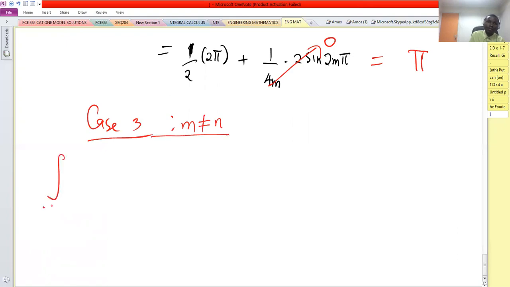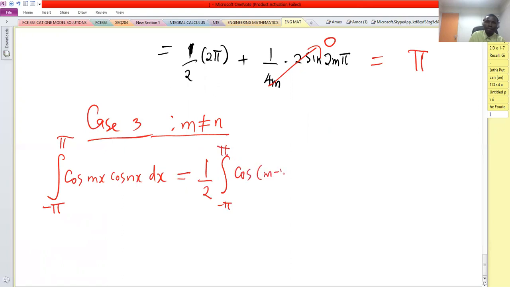So the integral from minus pi to pi of cosine of mx cosine of nx dx is equal to, now I will have both integrals, a half integral from minus pi to pi of cosine (m minus n)x dx plus a half integral from minus pi to pi of cosine (m plus n)x dx.